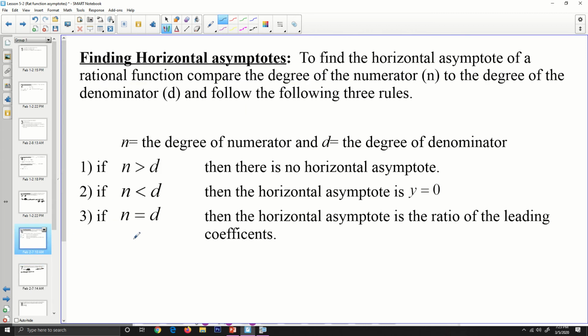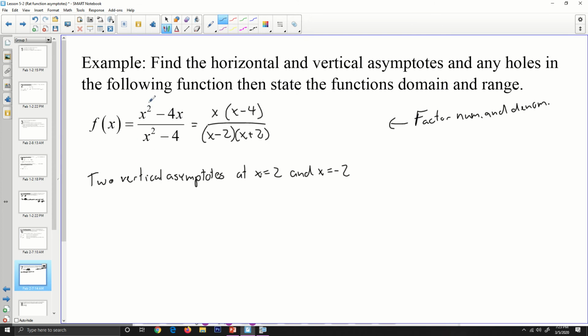And again, we're going to apply these rules. The degree of the numerator was 2, the degree of the denominator was 2, so the horizontal asymptote is the ratio of the leading coefficients. Okay, so the leading coefficient of the numerator is 1, the leading coefficient of the denominator is 1, so 1 horizontal asymptote at y equals 1.